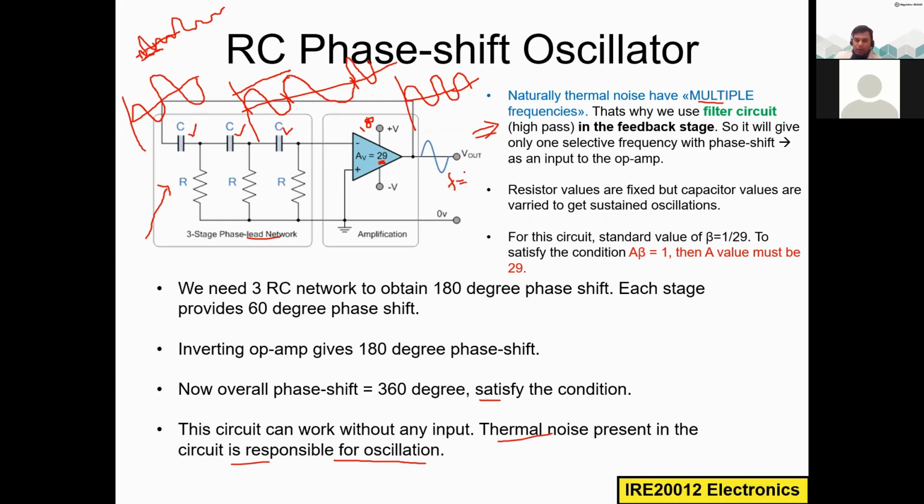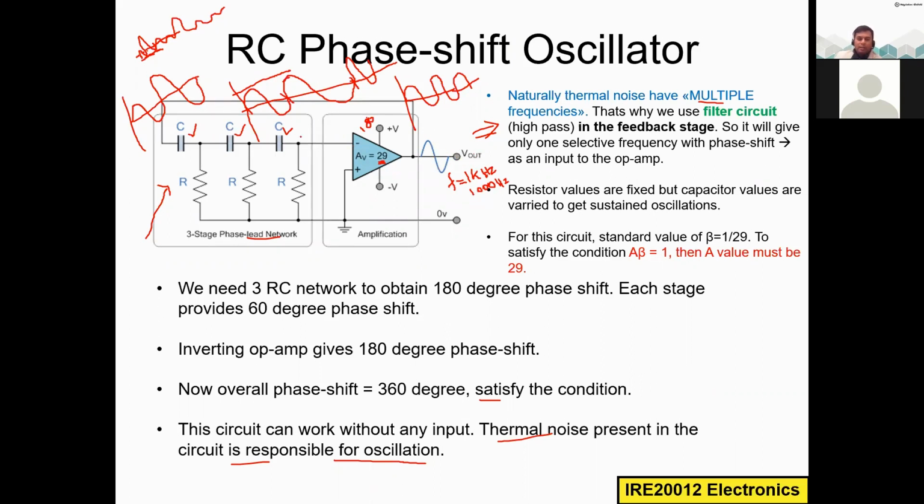Maybe I'm getting a 1 kilohertz oscillation at the output. 1 kilohertz means 1000 hertz, so we are getting 1000 cycles per second at the output. Now I want to change this to 2 kilohertz, or 2000 hertz, so 2000 cycles per second.